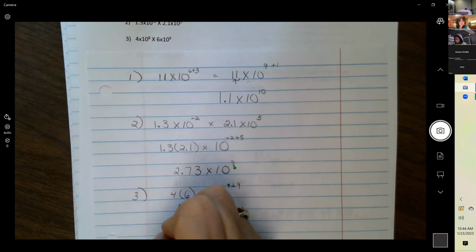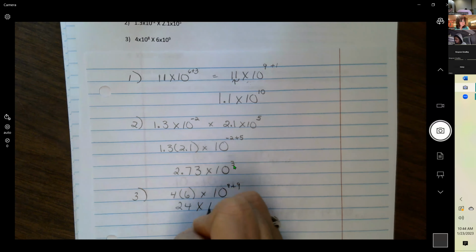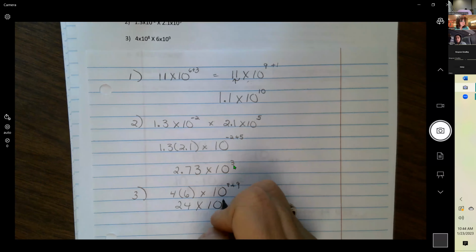Four times 6, you got 24 times 10 to the 17th.